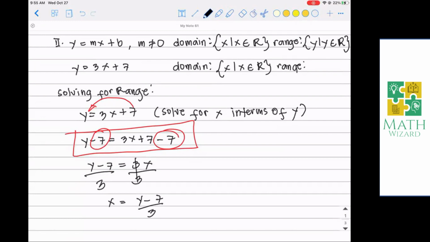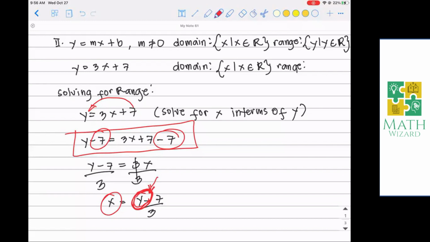Now, ito yung magiging input natin, ito yung magiging output. Ano yung mga value ni y? Ano yung pwedeng ilagay kay y para ang sagot natin is not undefined or not an imaginary number? Pwede natin ilagay kay y lahat ng real numbers. Kasi kapag isolve natin, whatever the real number na ilagay mo kay y, ang output pa din niya is a real number.